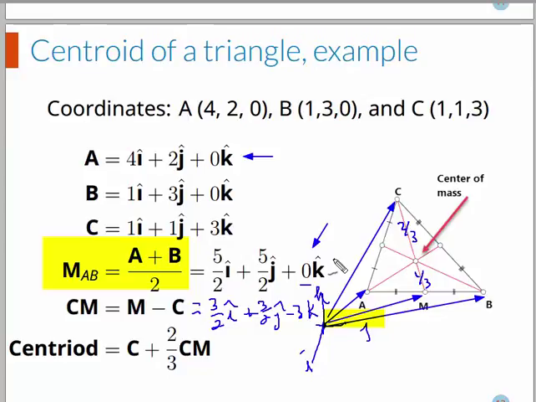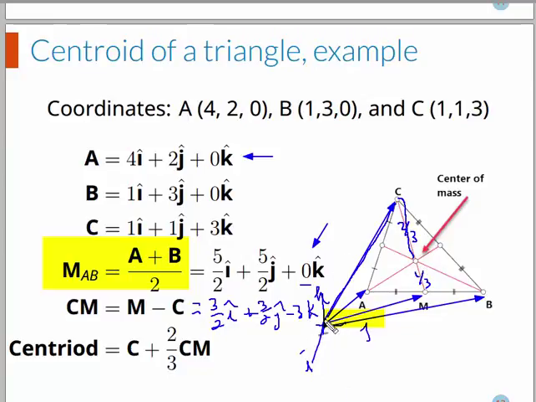To get to the coordinates of that centroid, I have to start at C and then travel. So I'm going to go up to C like this, and I'm going to travel 2/3 of the way back down, and then I'll hit the centroid.